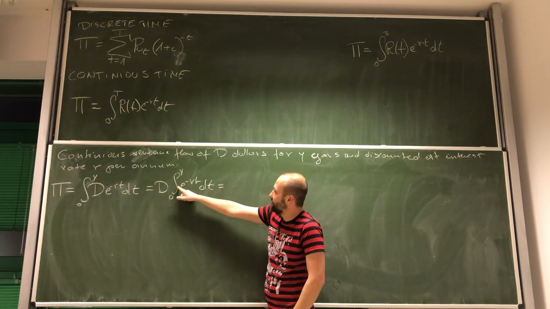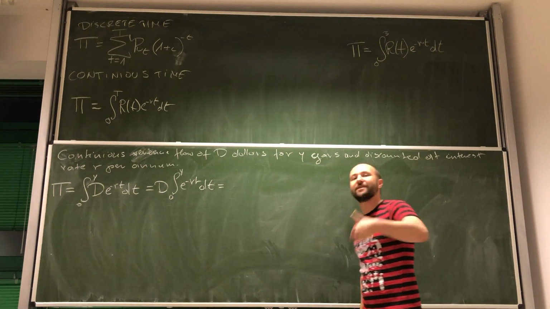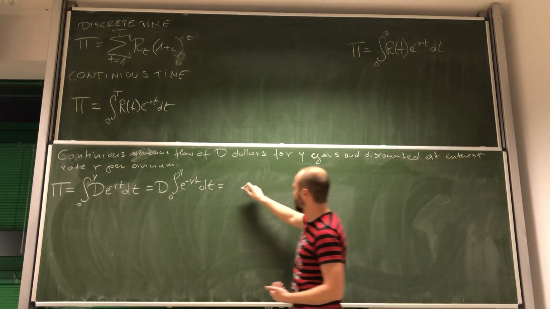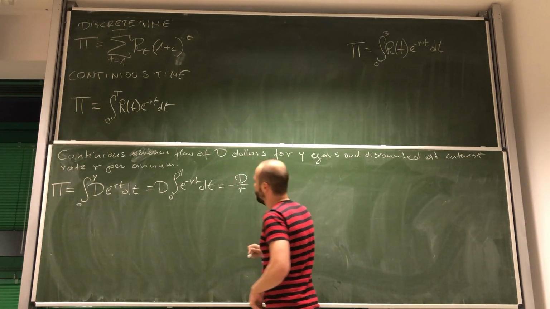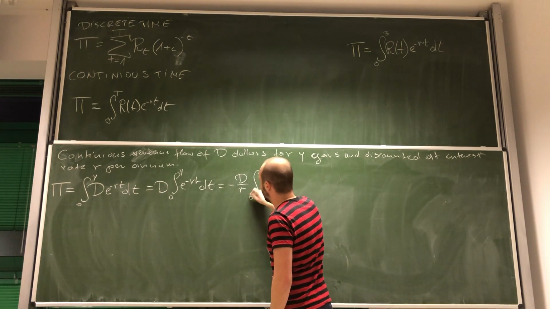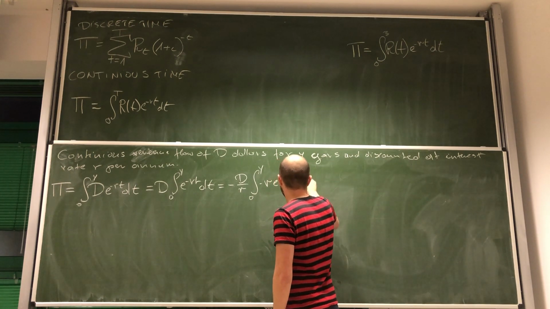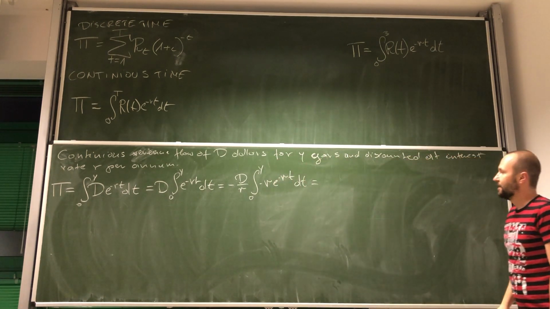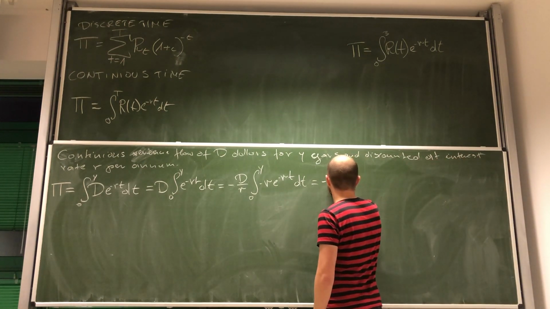What we would like to have over here is negative r, so I need to take 1 over negative r out of the integral. So I'm getting negative D over r, and over here I'm having negative r e to the power negative rt dt. Okay, so now I can calculate the indefinite integral.